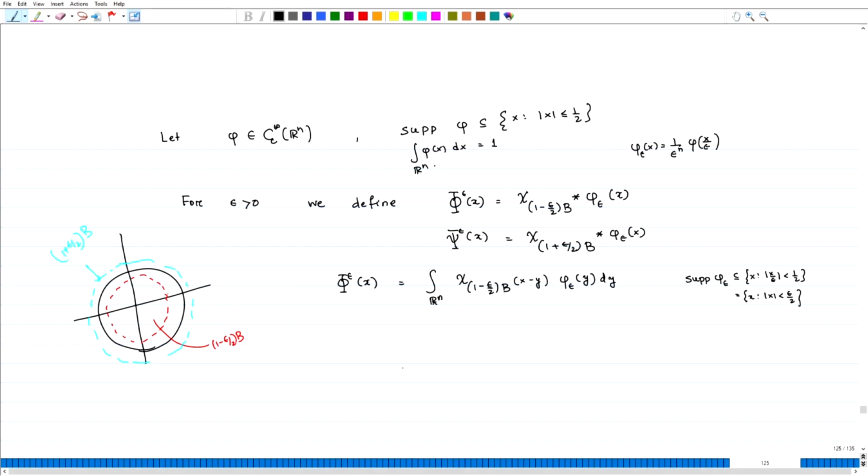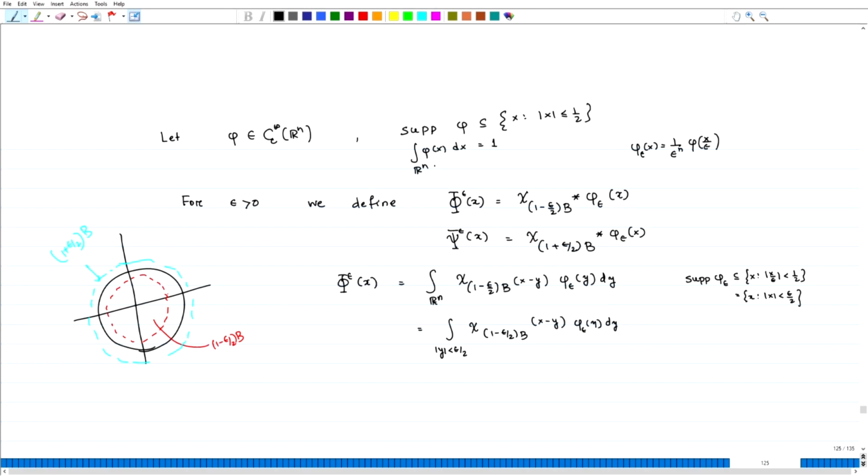So, this reduces to mod of y less than epsilon by 2, and y has to be here, and chi of the ball of radius 1 minus epsilon by 2 at x minus y, times phi epsilon of y dy.